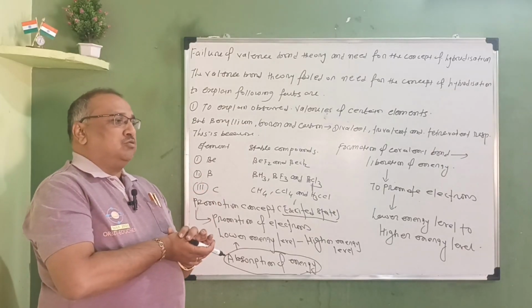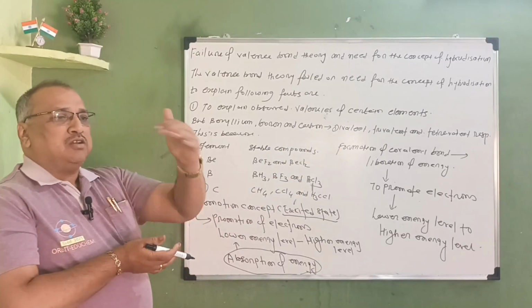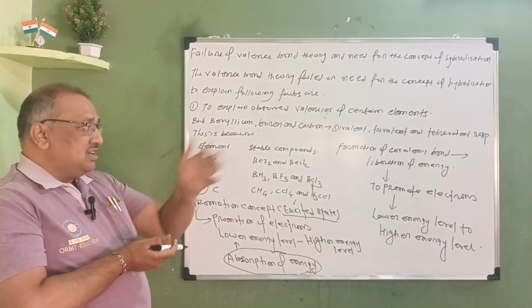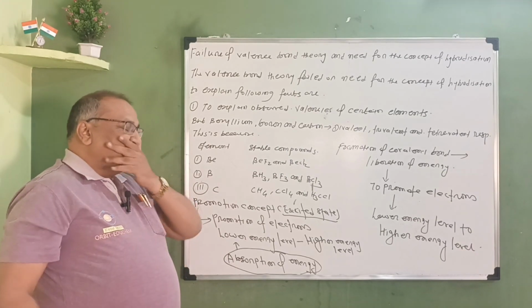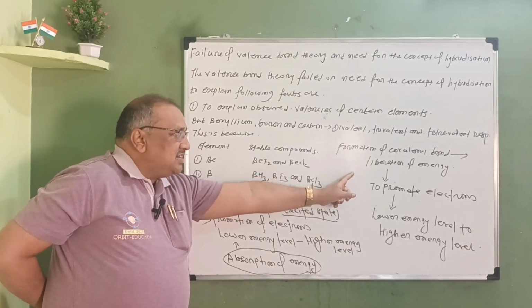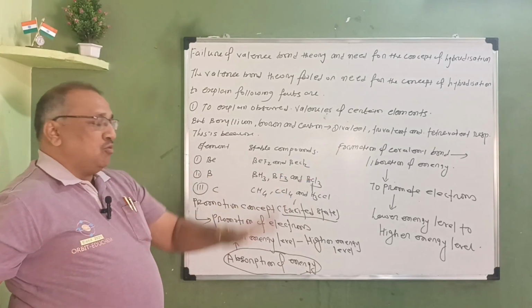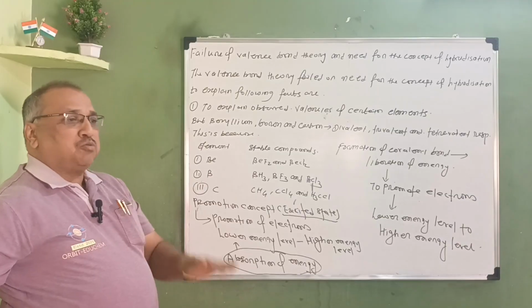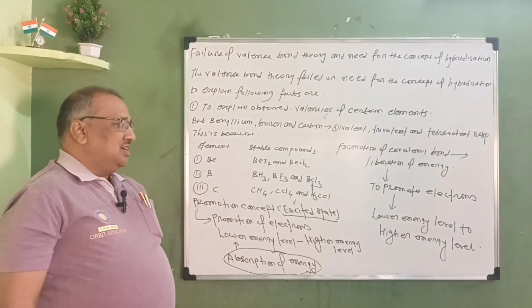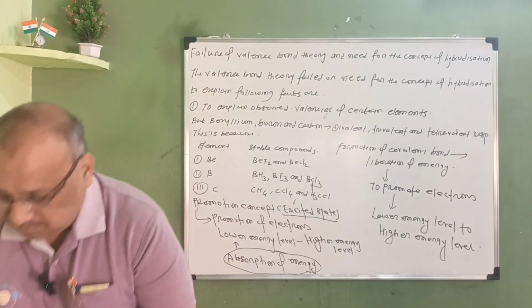Formation of a covalent bond is accompanied by the liberation or release of energy. This energy released during the formation of a covalent bond is used to promote the electrons from lower energy level into the higher energy level.